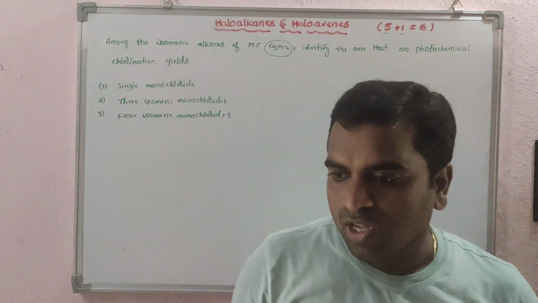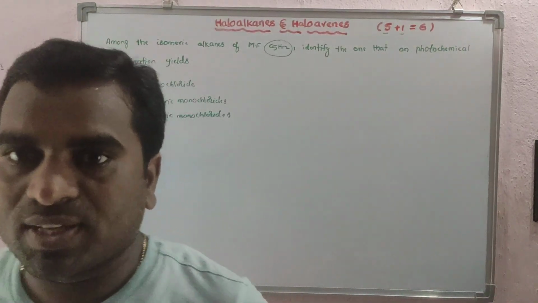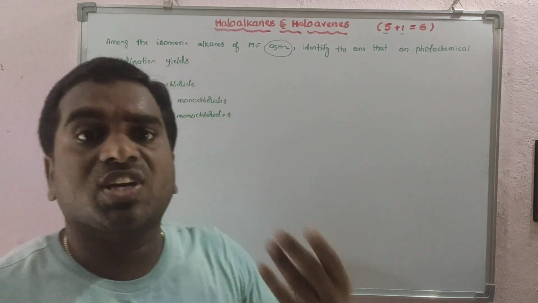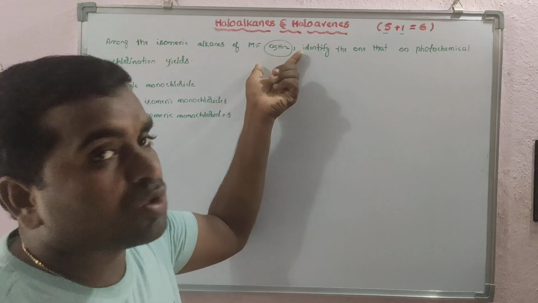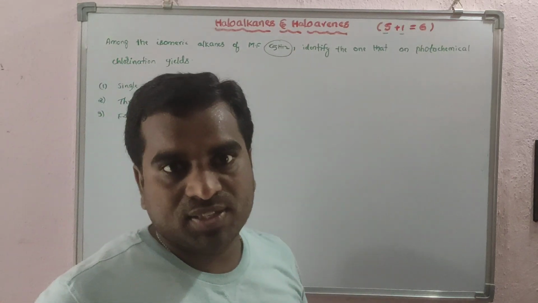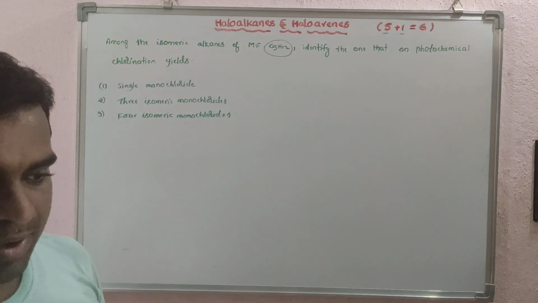So how many monochlorides are formed? We have to identify which isomer of C5H12 will give the single monochloride, 3 monochlorides or 4 monochlorides.